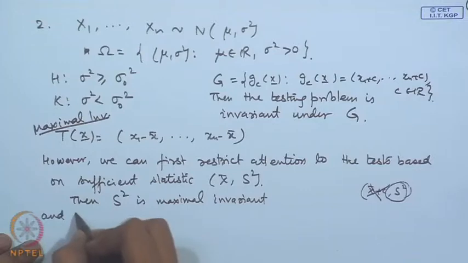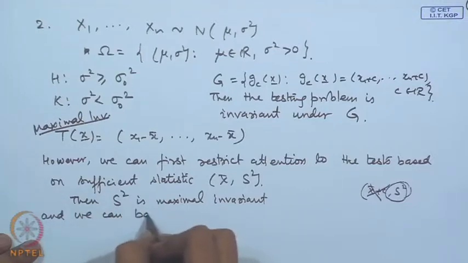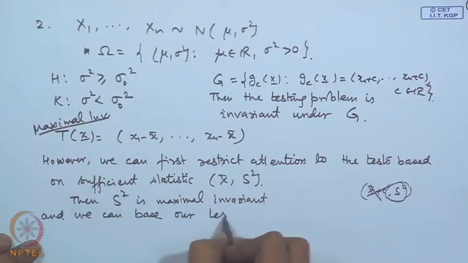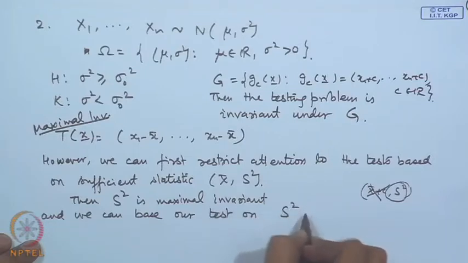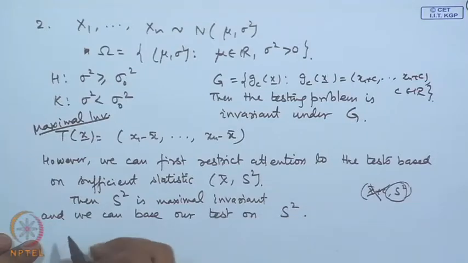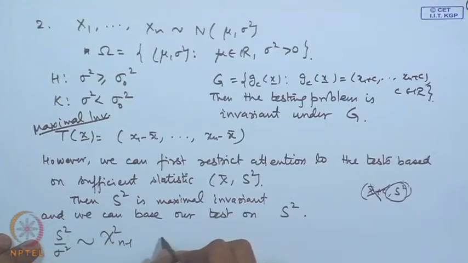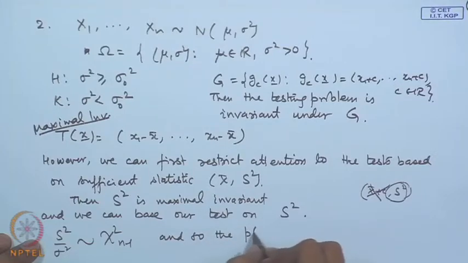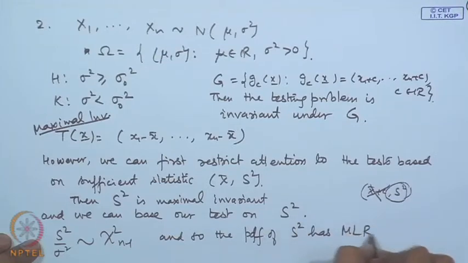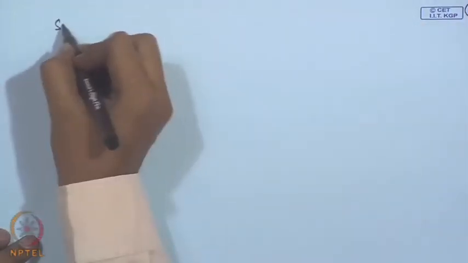And we can base our test on s square. Now, s square by sigma square follows chi square with n minus 1 degrees of freedom, and so the density of s square has monotone likelihood ratio in s square. So a UMP test can be obtained among invariant tests.